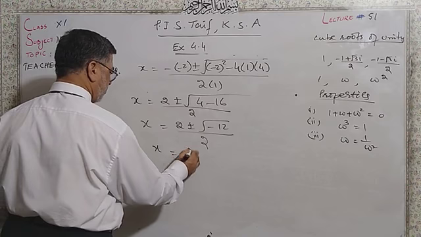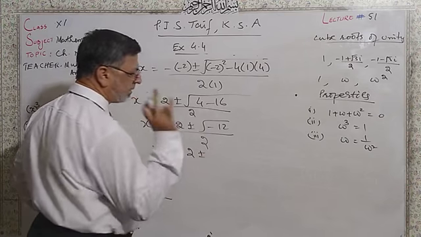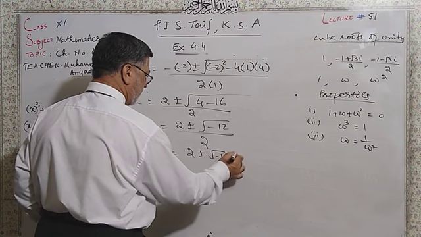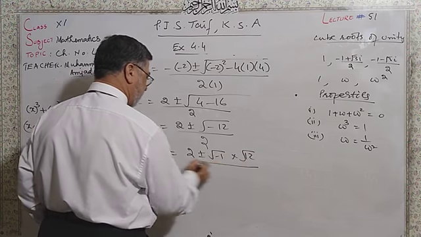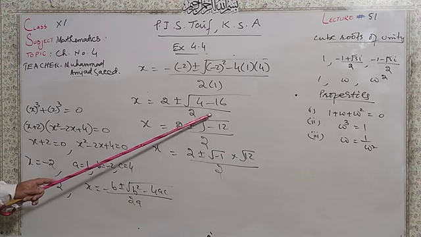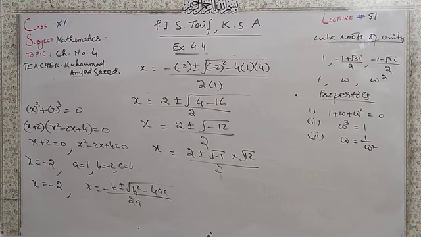x is equal to 2 ±. Remember that √(-12) can be written as √(-1) and √12. Remember that in case of multiplication you can combine the radical sign and even split it up also.